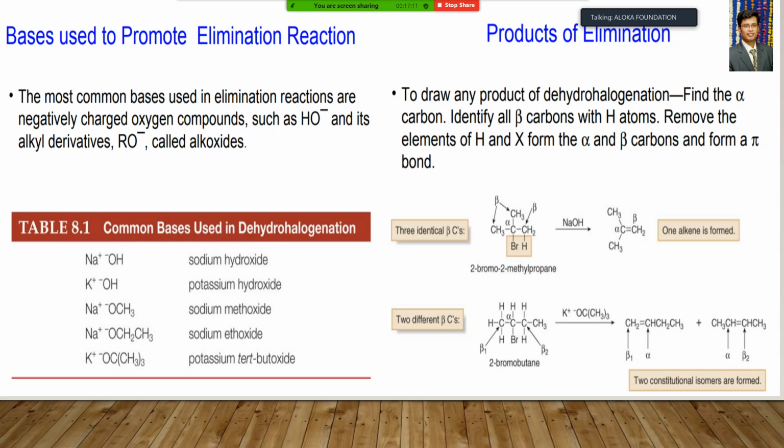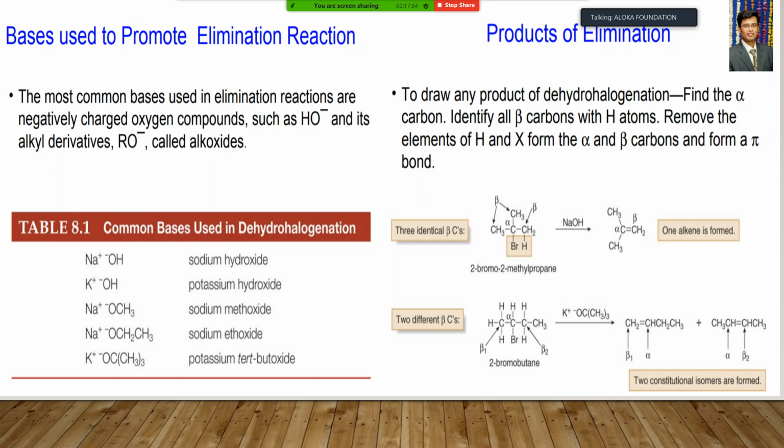In this case, there is a possibility of formation of two products, one from the right hand side and one from the left hand side. Later on we'll explain which product will be more preferred.